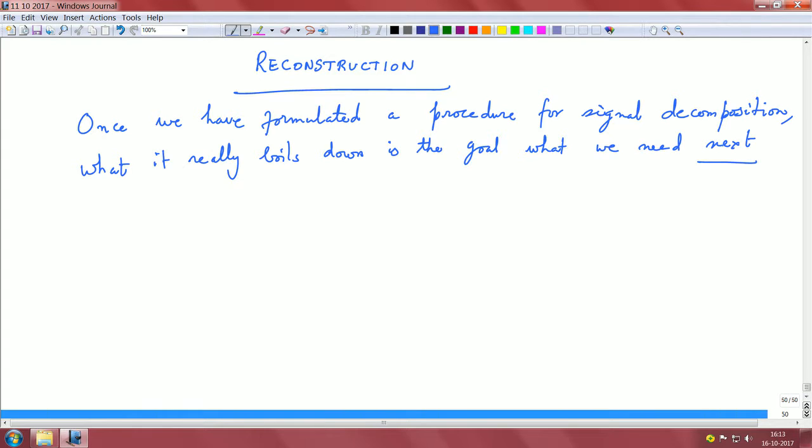I mean we have to understand what we need with this technique. So, I will give you two important applications.